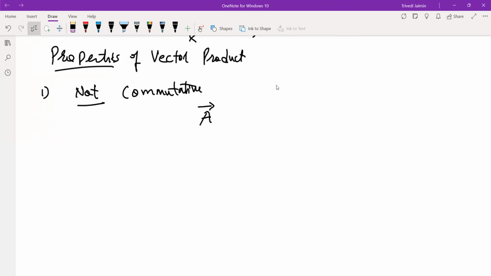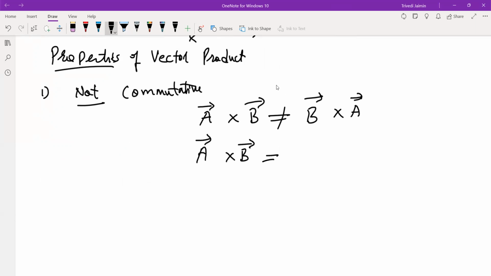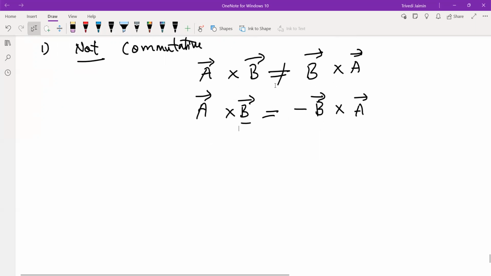A cross B vector is not equal to B cross A, but it is equal to the opposite of this one. A cross B is equal to minus of B cross A. Minus B is the reflection of B.